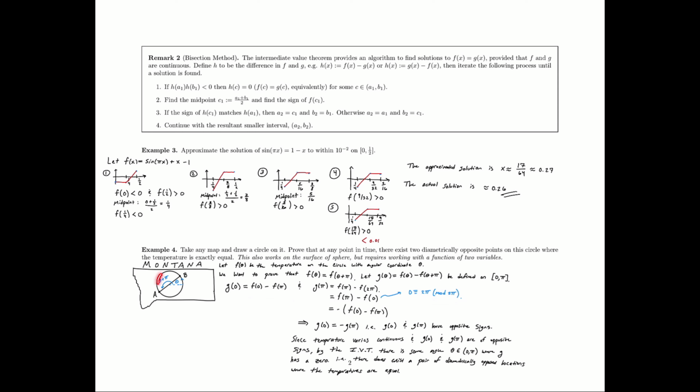So we proved this for some circle, and we never once talked about the size of the circle. That wasn't important to us. I mean, we drew it in Montana, so it's obviously huge. But our argument didn't actually use how big this circle was. This applies for a circle of any size.